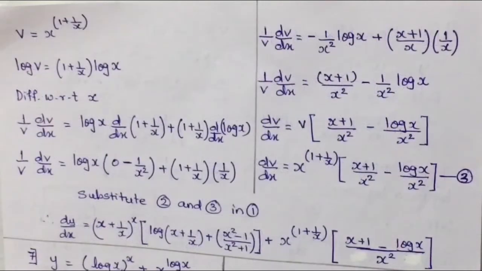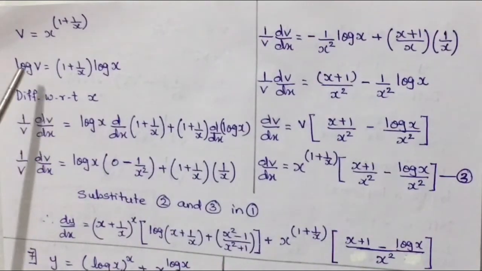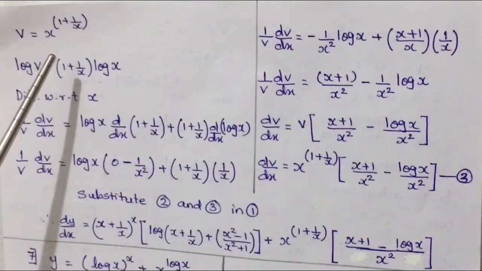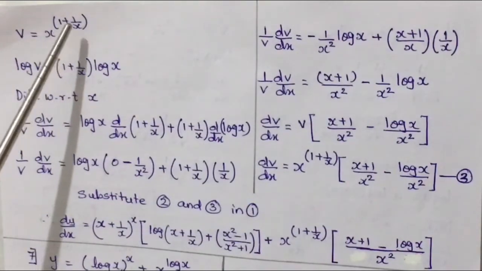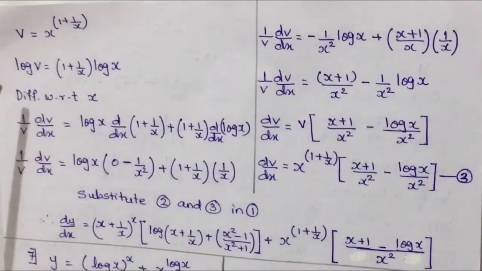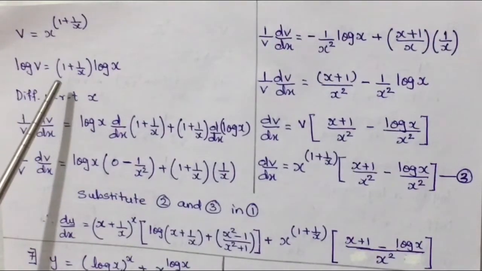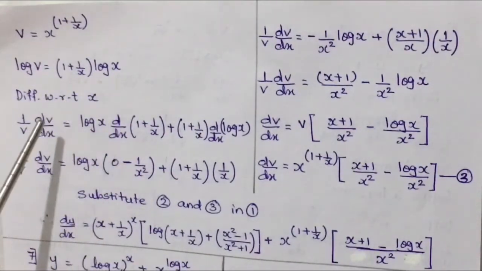Now taking up the v differentiation, v is equal to x raised to the power (1 plus 1 by x). To bring this 1 plus 1 by x down, we will take log on both the sides. So we will have log v is equal to (1 plus 1 by x) log x.